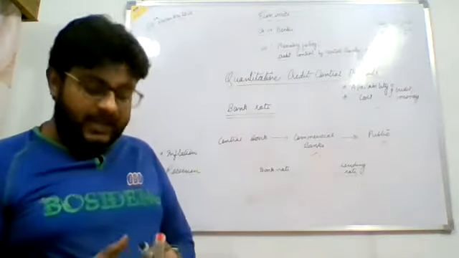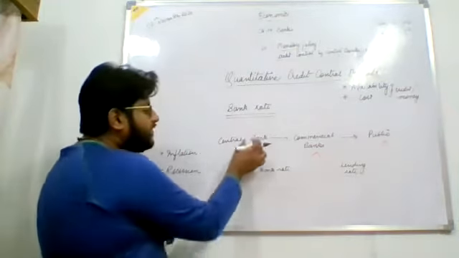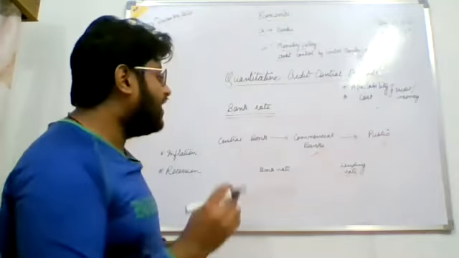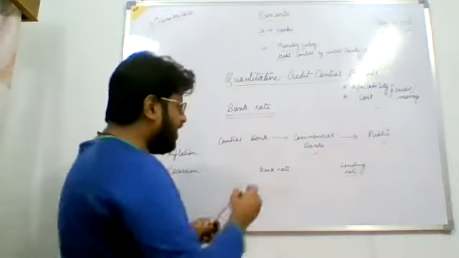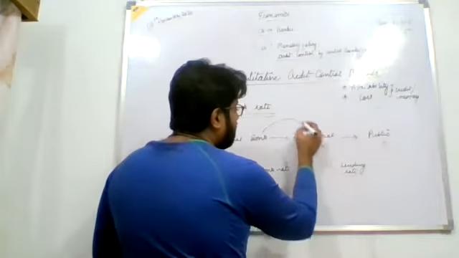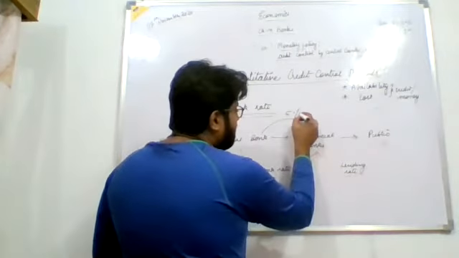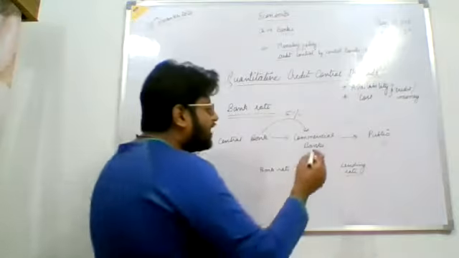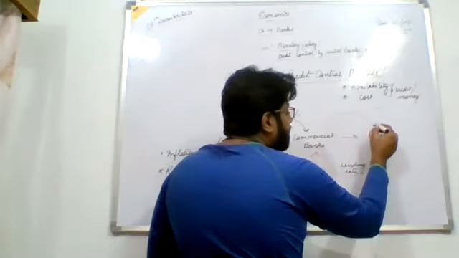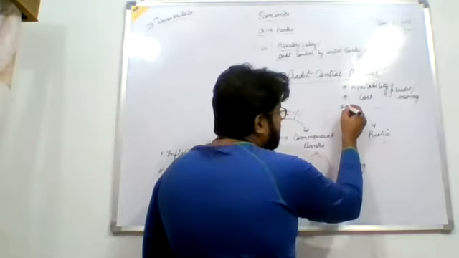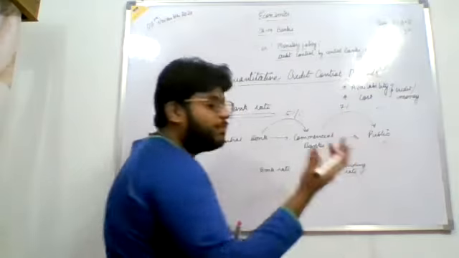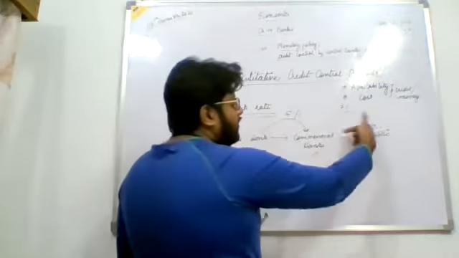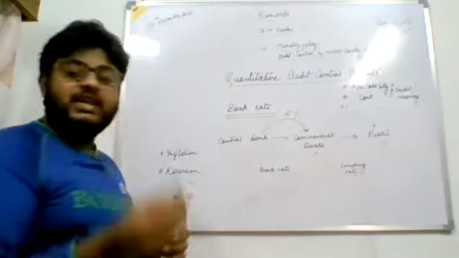Okay, we take an example. For example, the central bank is giving loans to the commercial banks at a bank rate of 5%, and commercial banks are giving loans to the public at 7% because they will keep some sort of profit margin also.